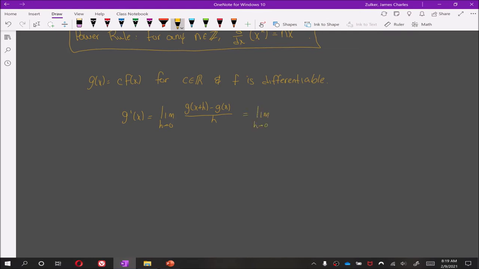Recall from pre-calculus that this is just c times f of x plus h minus c times f of x. Now we can factor out that constant c from the numerator.